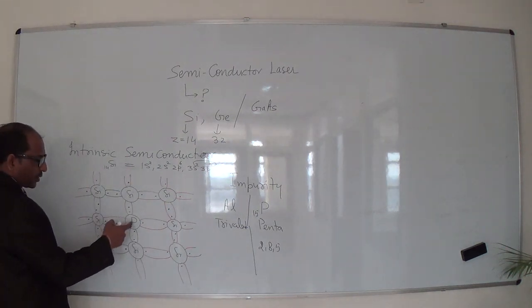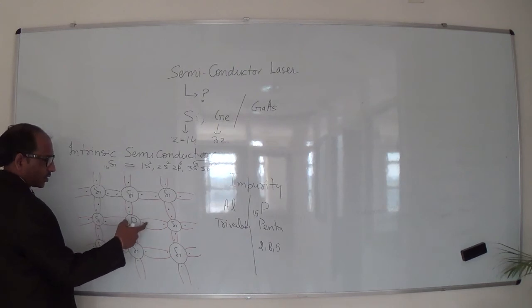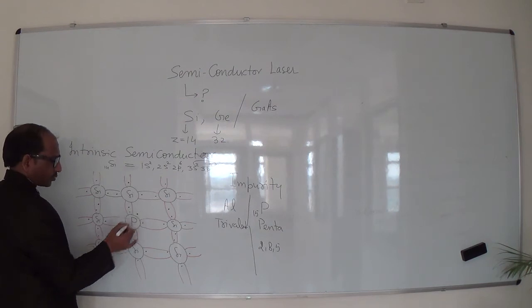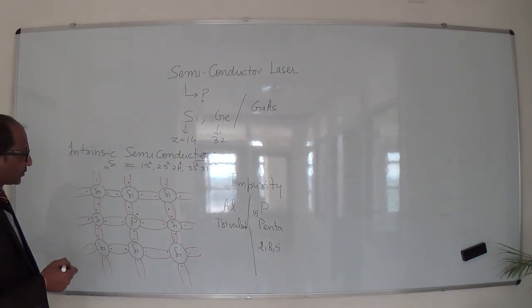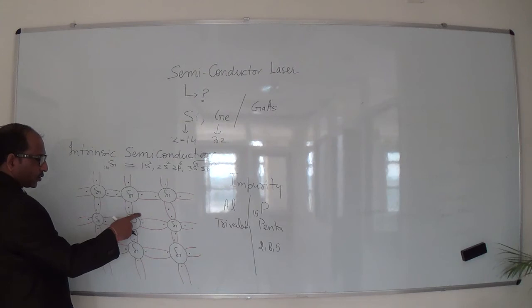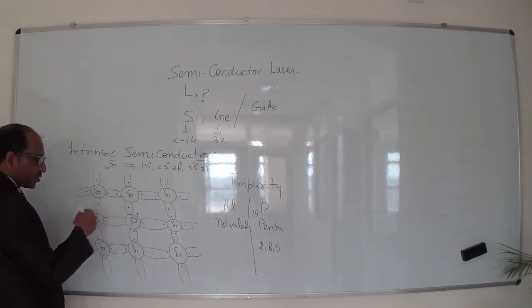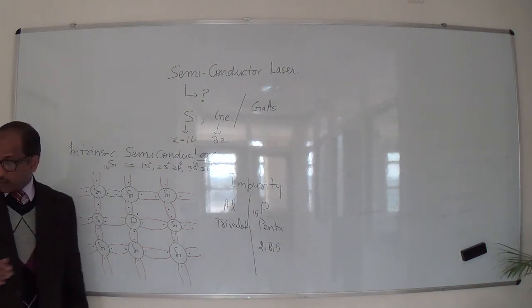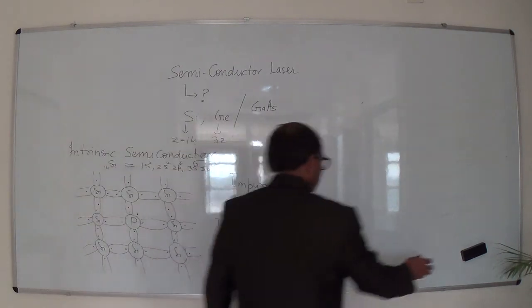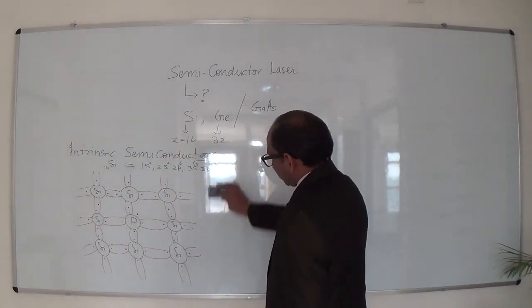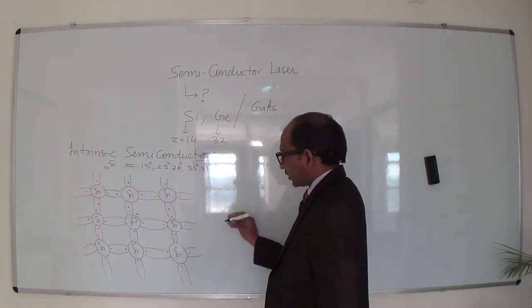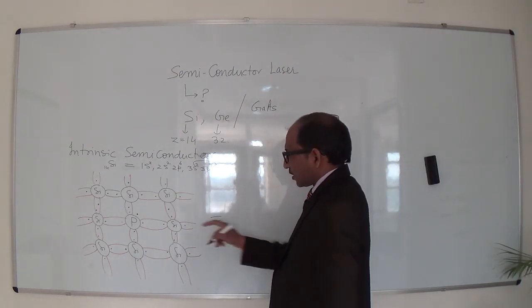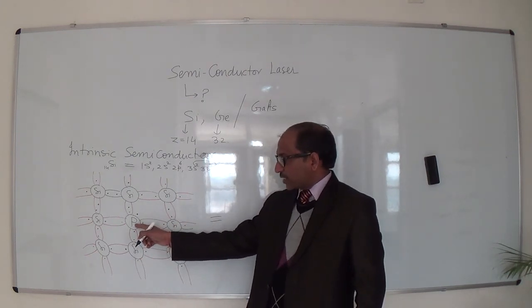4 electrons of this phosphorus make covalent bonds with the neighbor silicon atoms, and it has one more, one extra electron, that is loosely bound. With a small thermal energy at room temperature, this loosely bound electron can easily move here and there in the conduction band. So the representation of this crystal is, here I have considered a pentavalent impurity.